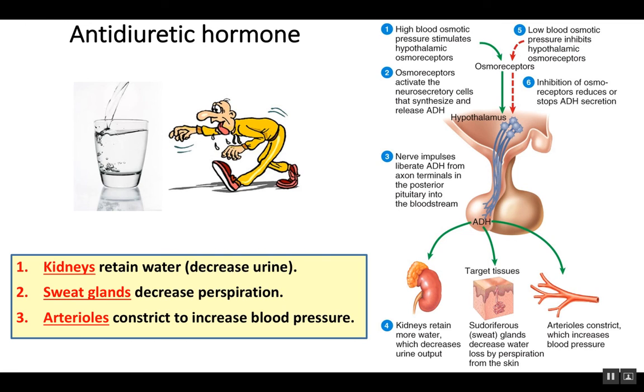An interesting fact is when an individual consumes alcohol, alcohol suppresses the production and release of ADH. And when an individual has low ADH, they tend to urinate more. Therefore, alcohol acts as a diuretic because it reduces the levels of antidiuretic hormone.